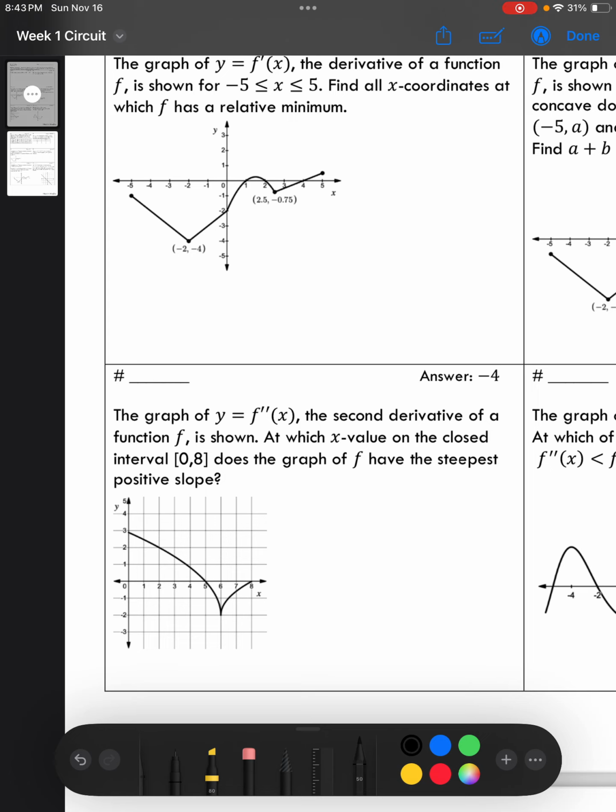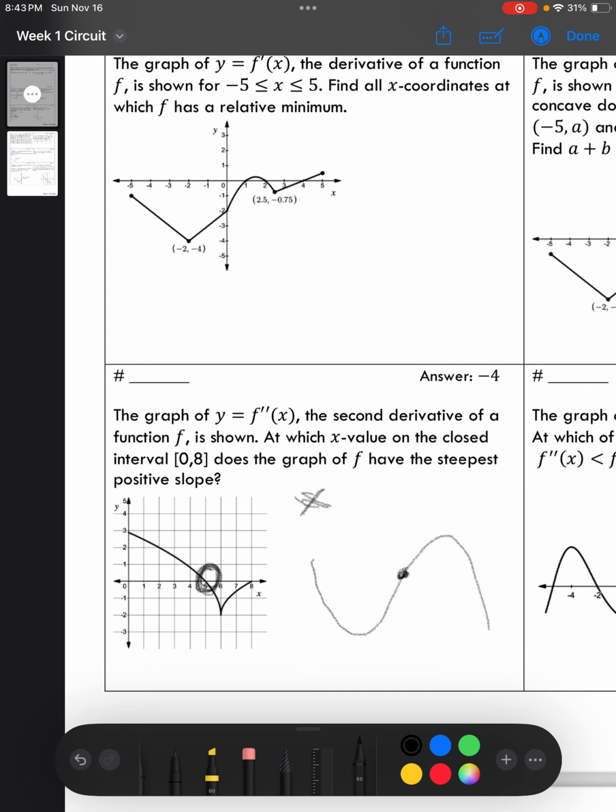If we're thinking about this, let's look at x equals 5. The steepest positive slope would be somewhere where the concavity is changing. If you think about it like this, if this is the original graph, the steepest slope, let's draw a different one.